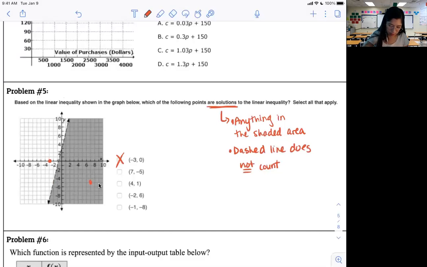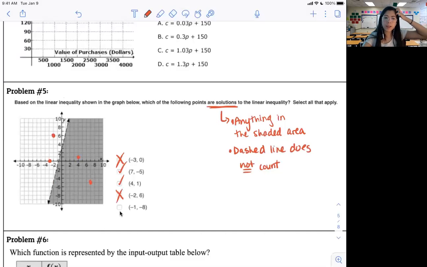That one's in. What about 4, 1? In. That one's also in. Right here. -2, 6. Good. Out. Yeah, that one's out. That one's up here.